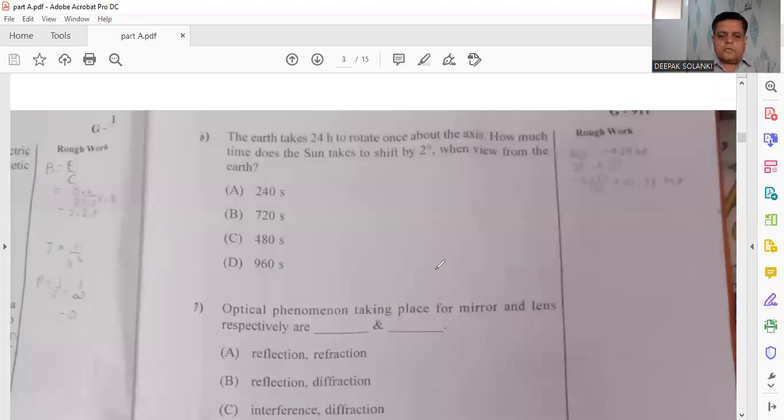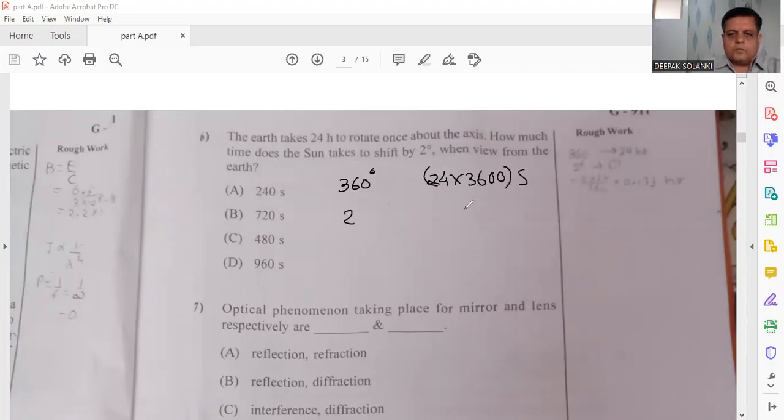The earth takes 24 hours to rotate once about its axis. How much time does the sun take to shift by 2 degrees when viewed from the earth? We know that it is a 360 degree rotation in 24 hours. So 24 into 3600 seconds.